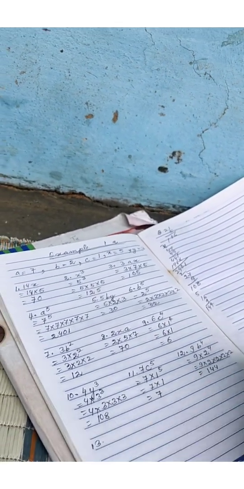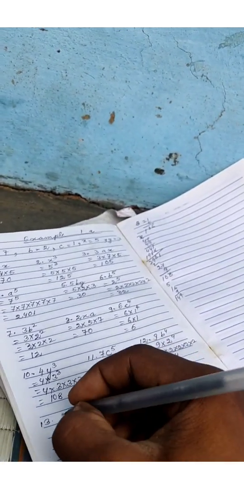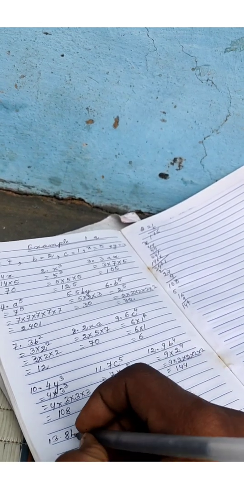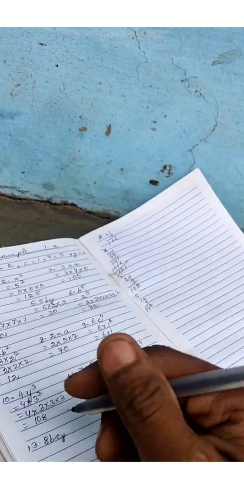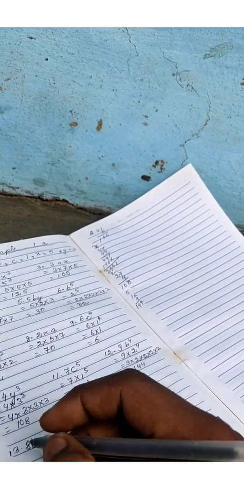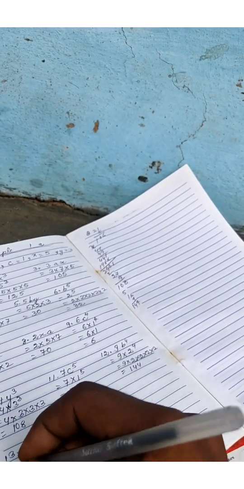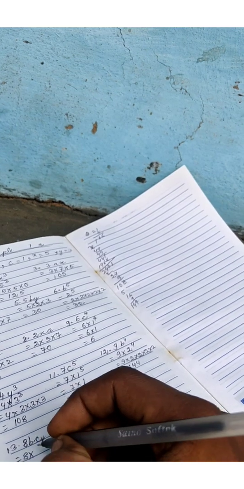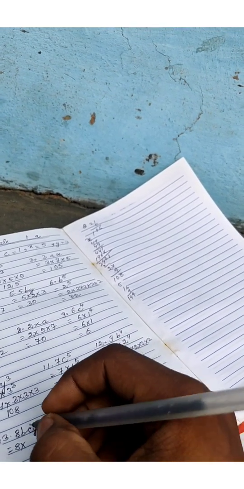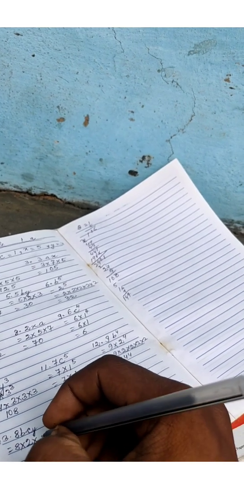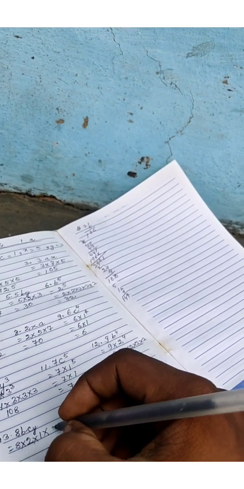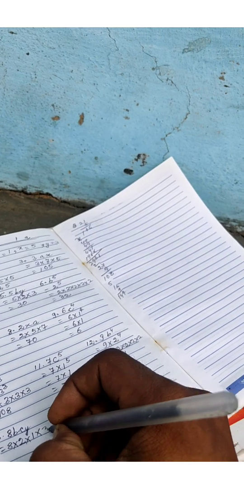So let us go for the next sum, which is the 13th sum, where we have got 8bcy as the question. So here we have got 3 variables. So in this, 8 will be copied as it is, and then we have got b, which is 2, and c, which is 1, and y, which holds the value of 3.